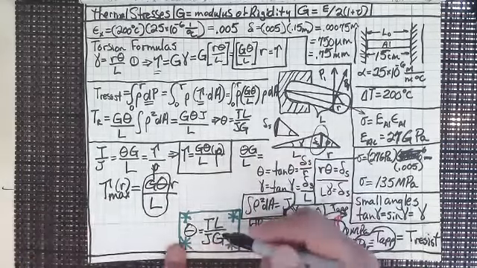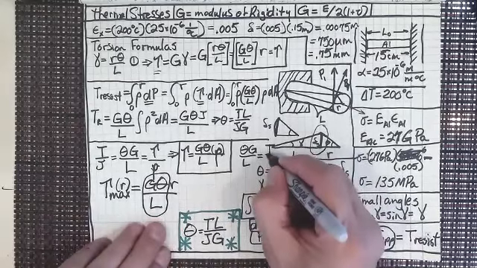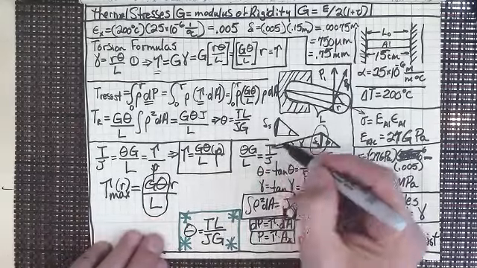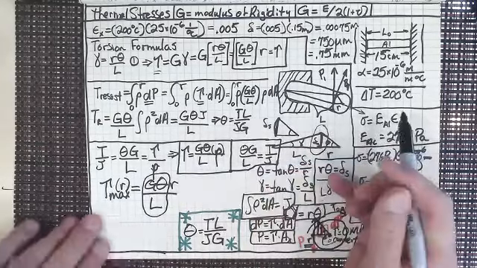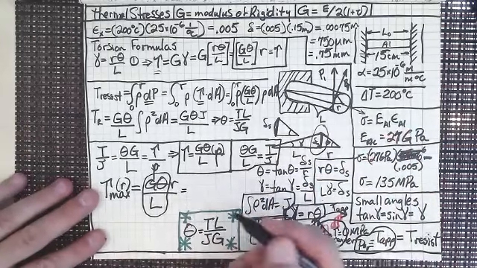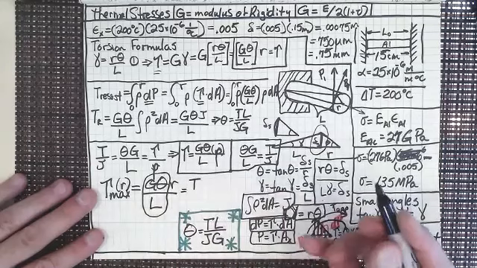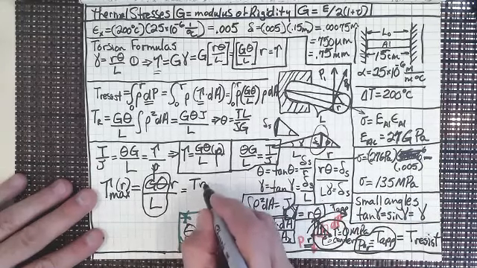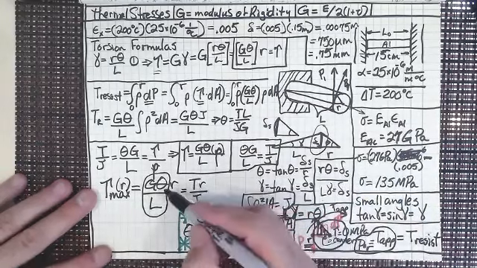Theta G over L equals T over J. So if I replace that with T over J, I get T R over J. Does everyone see that?